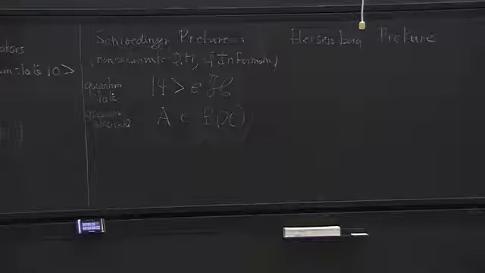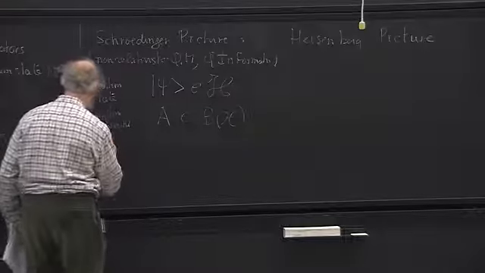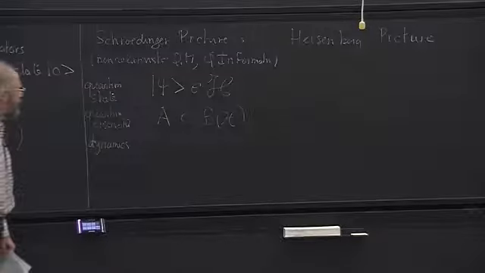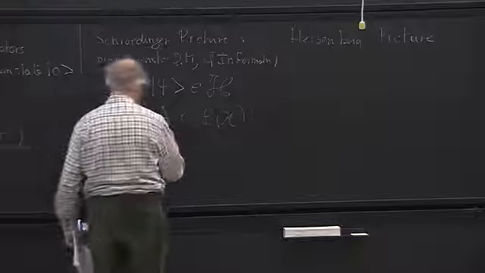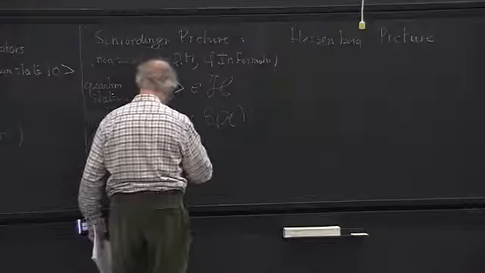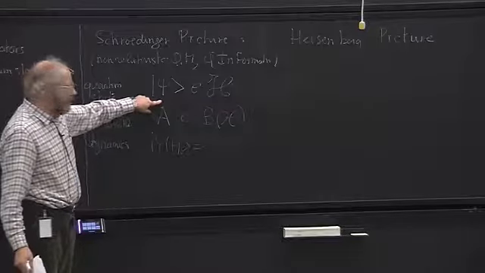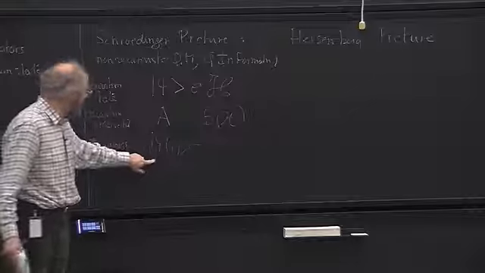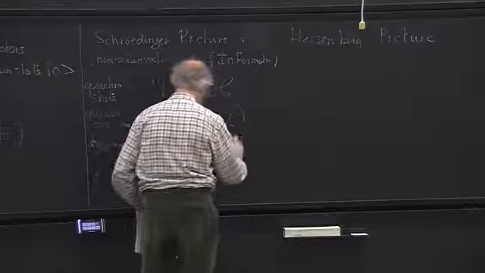Okay, and of course, the evolution, the dynamics, is described by the fact that states evolve with time, so that if we start at time 0 with a quantum state ψ, the state of the system at time t is described by another vector, ψ(t), which is simply U(t) ψ.